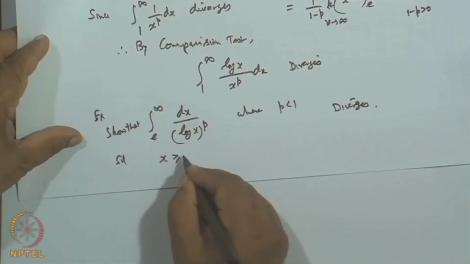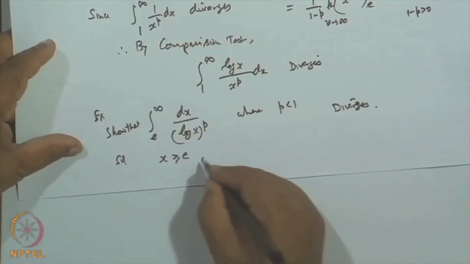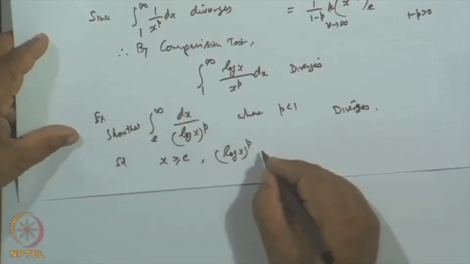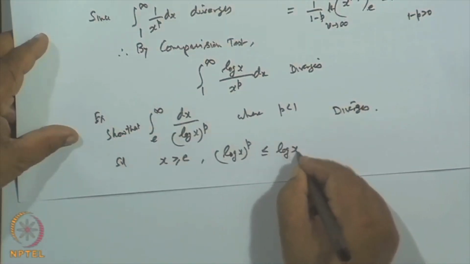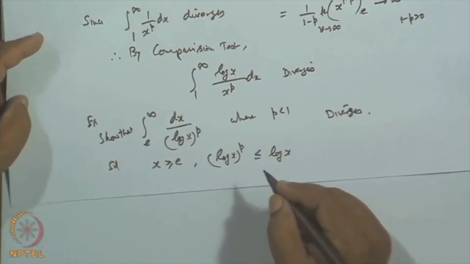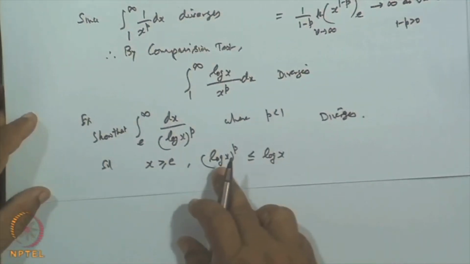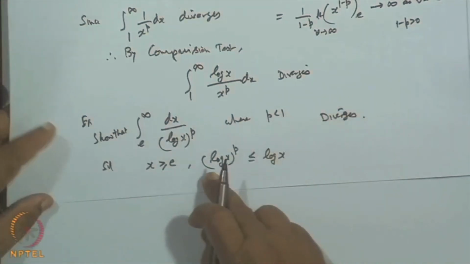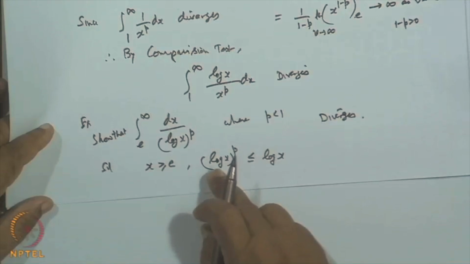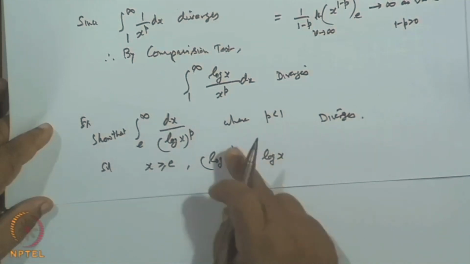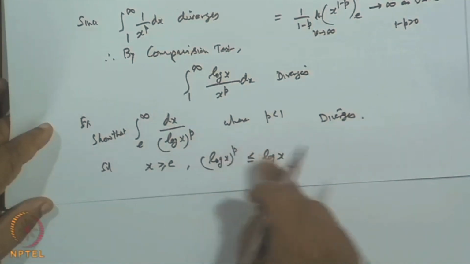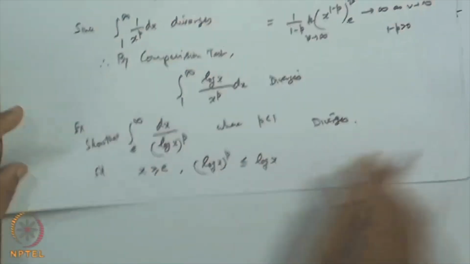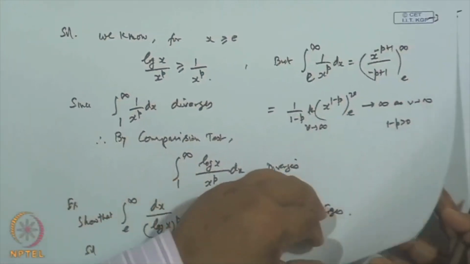When x is greater than or equal to e, (log x) to the power p is less than or equal to log x. Why? Because x is greater than or equal to e, log x is positive, and raising it to a power p less than 1 gives (log x) to the power p less than log x.